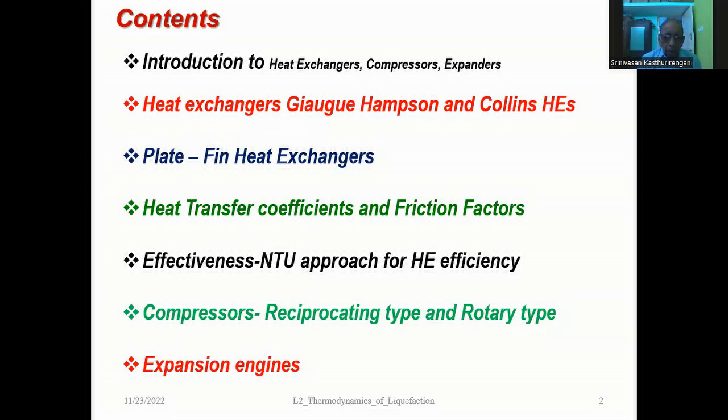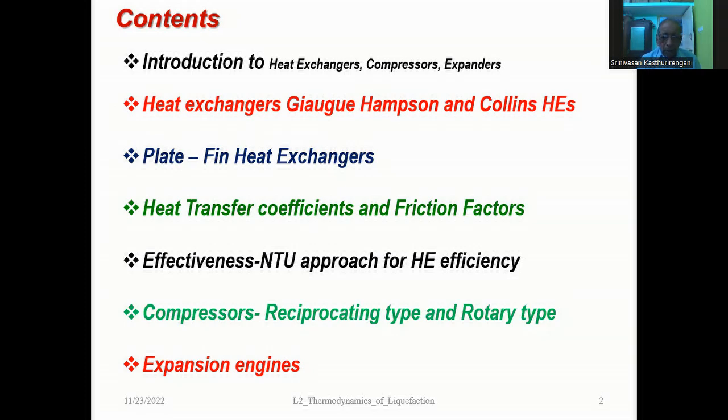Now, we know very well that if we want to do a liquefaction of a particular gas, obviously there is a need for a suitable heat exchanger which can exchange heat from a hot fluid to the cold fluid and vice versa.